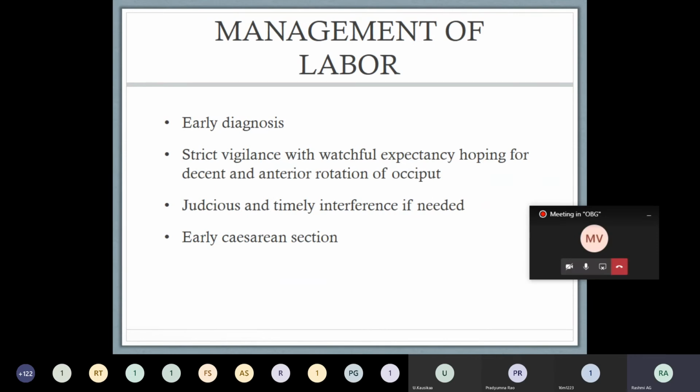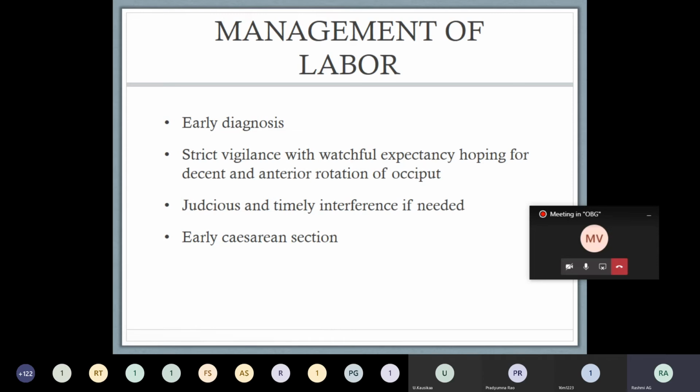So, how do we manage labor here? Most important is we need to diagnose early so that we are more vigilant, so that she doesn't land up in an obstructed labor. So the early diagnosis is the key here. We have to be strictly vigilant and have a watchful expectancy, hoping for a descent and anterior rotation of the occiput, and timely interference is needed.